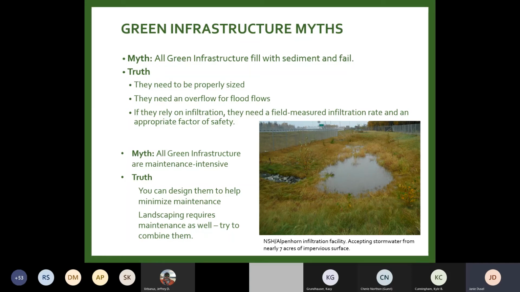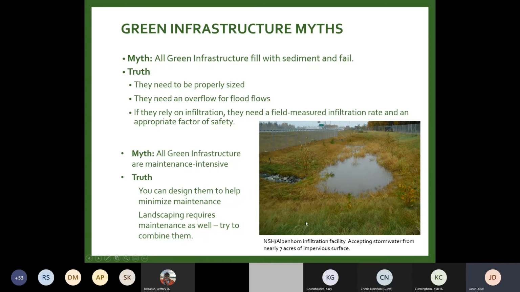And that's not 7 total acres, 7 acres of straight impervious surface from both the highway and surrounding areas, okay? And you can see in the photo, I don't have the dimensions here, but it's not terribly big, right? So just right off the bat, knowing that 7 acres are coming into an area this small and expecting infiltration, I was initially concerned. That seems like a very high incoming sediment load for such a small location.